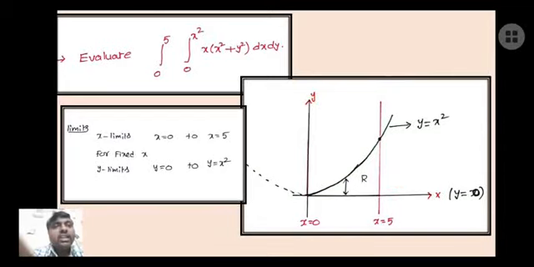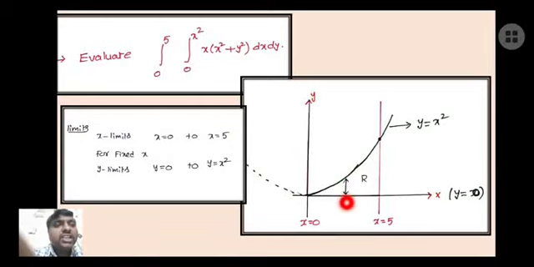The internal integration limits are y is equal to 0 and y is equal to x square. So I am writing the y is equal to 0 line, that is nothing but the x axis, and the second one y is equal to x square. Now I am taking the x limits: x is varying from 0 to 5. For a fixed x, you can take the y limits now.